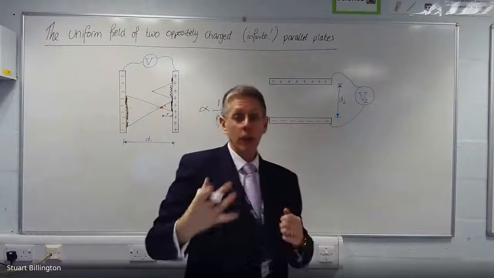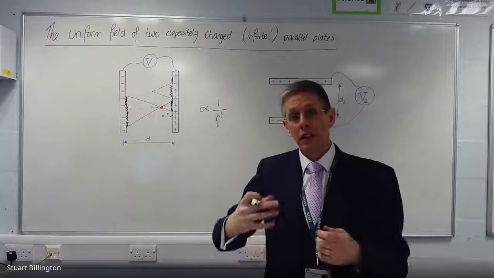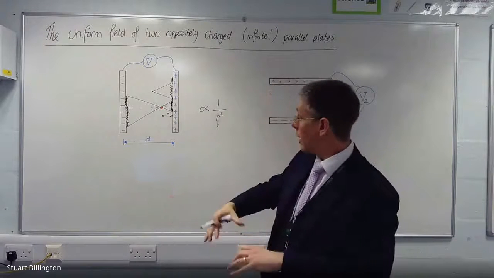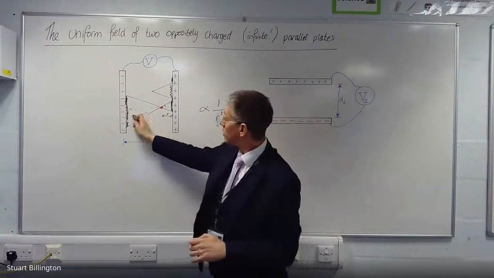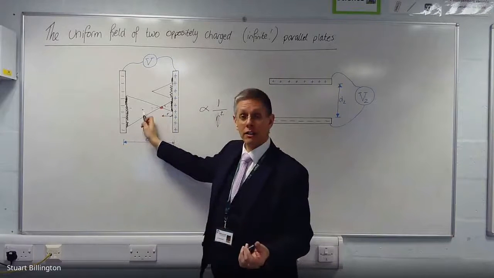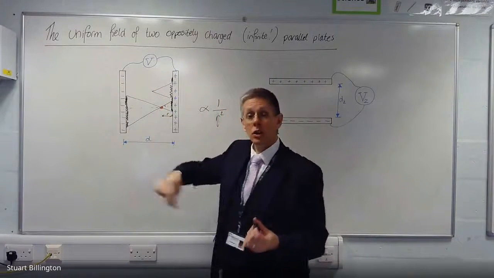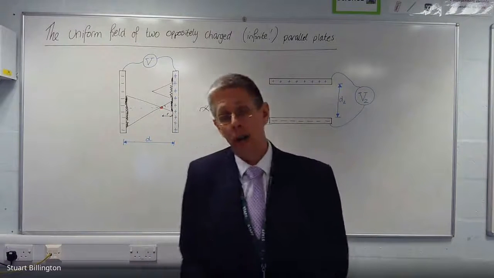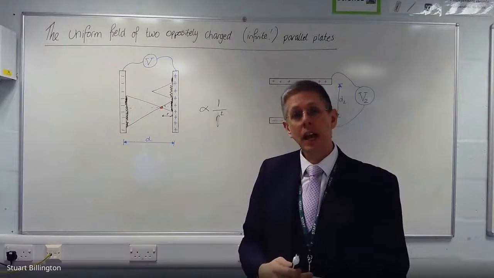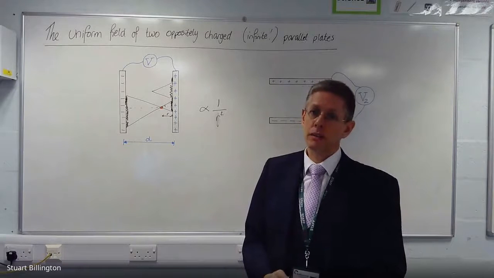And there's an r squared in both of those things. The Coulomb force has the distance squared on the bottom, meaning the force has gone down by a factor involving r squared. But this is a circle of charge whose area goes up as r squared. So again, the factors have cancelled out.